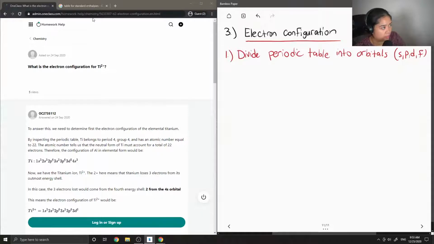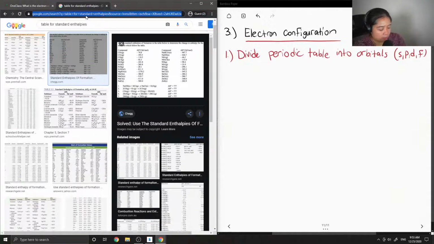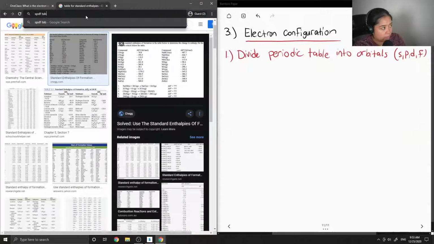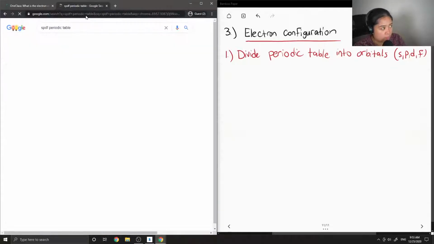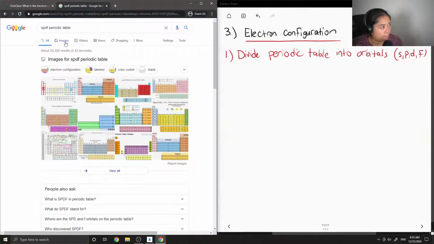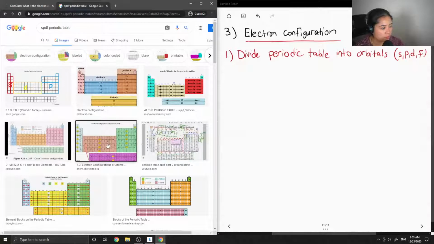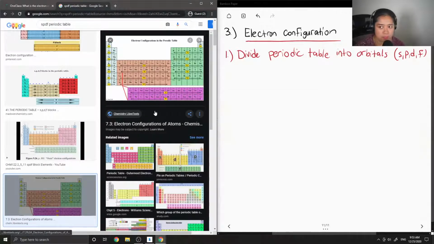So I can show what that looks like. It's actually pretty simple to divide it.